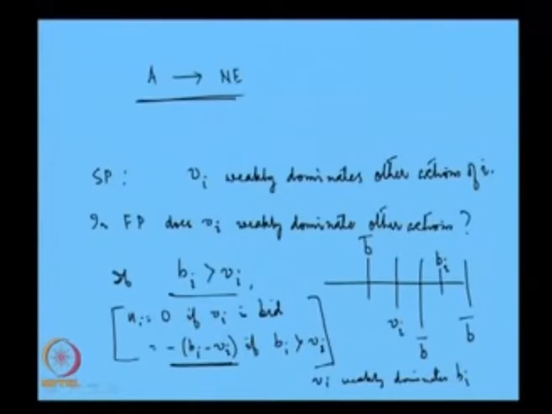But is that true for any action which is less than Vi? And the answer is no. So, if Bi is less than Vi, in this case what is important to see is that by bidding Vi you will always get 0 payoff in case of first price auction, because if you get the object, your payoff is Vi minus Bi and Bi is equal to Vi.